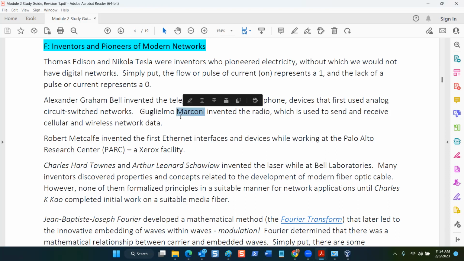Guglielmo Marconi is also a giant in the industry. Guglielmo, my apologies to Italians everywhere. Guglielmo Marconi invented the radio, right? So he studied and realized that you could carry the same audio over radio waves.